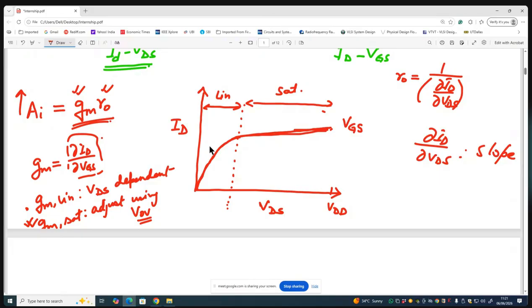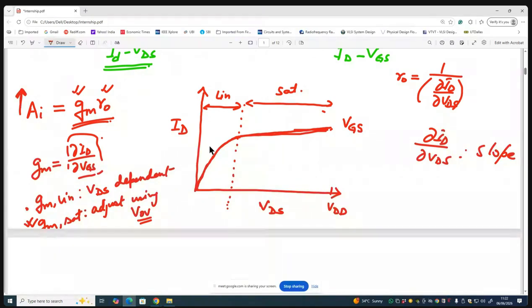So now we can conclude that from the RO perspective also, the saturation region is the favorable region. Because we always want this product to be as high as possible.